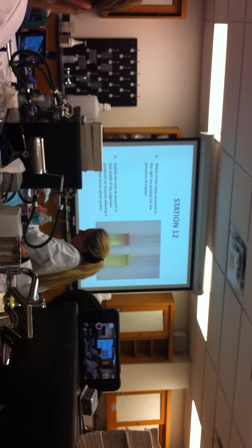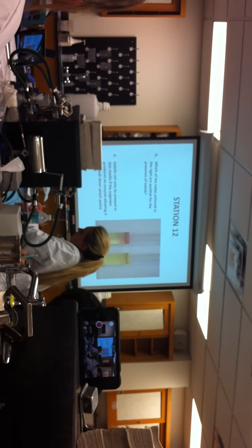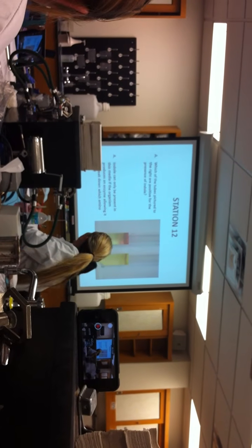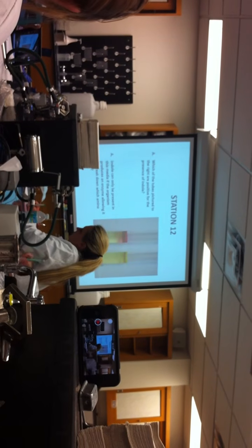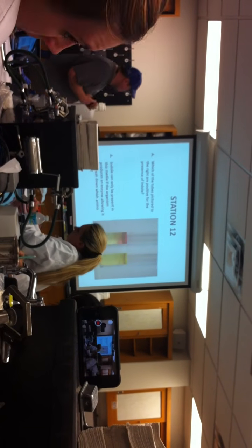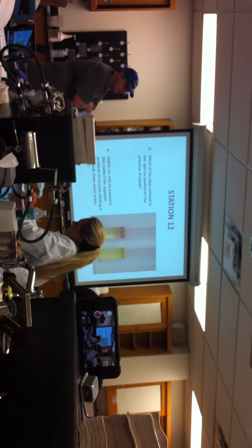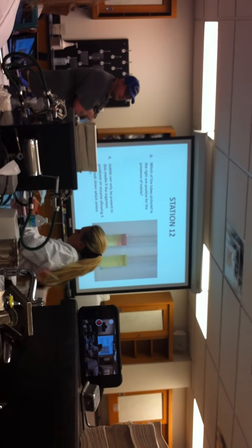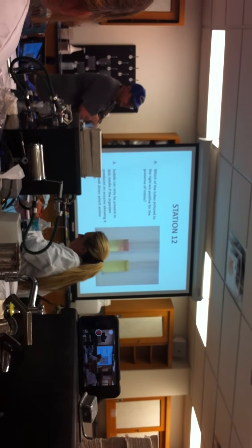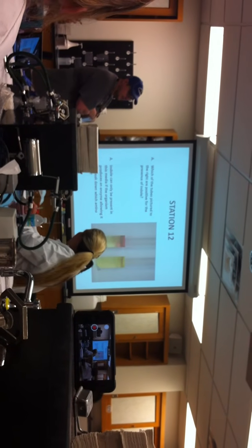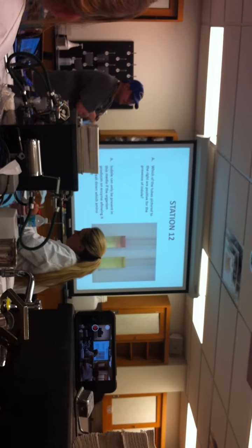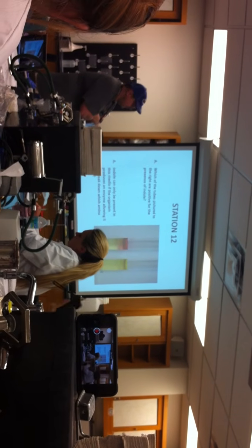You definitely have to know what the indole test is for and what it does. What's the positive? Red on top. Okay. What amino acid is being broken down in this test? What's the amino acid in turkey? Tryptophan.